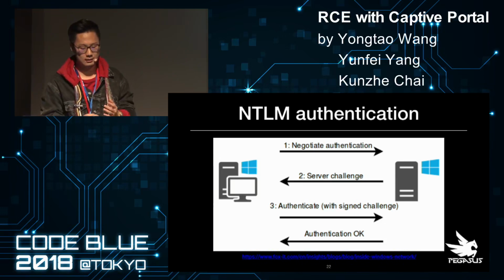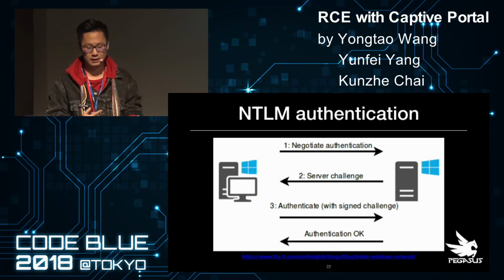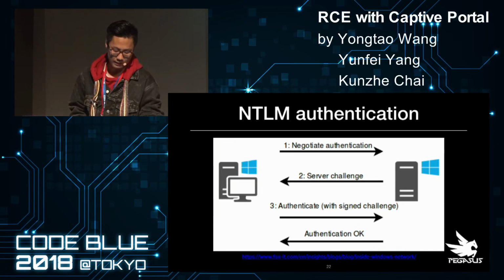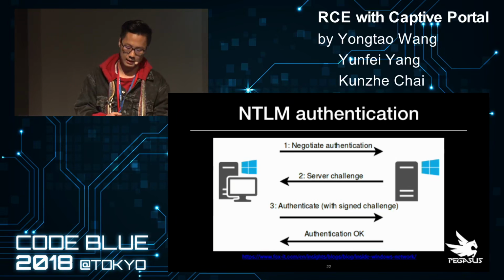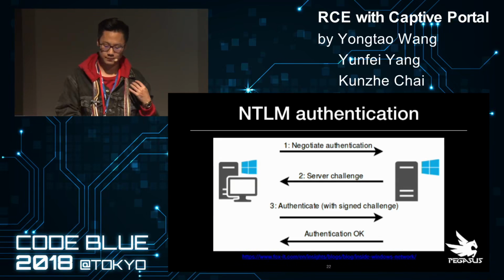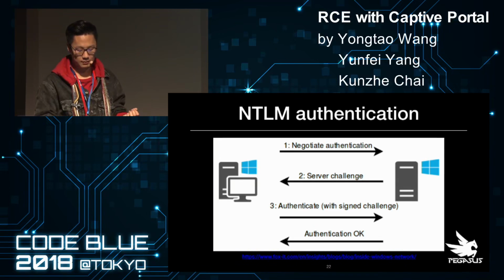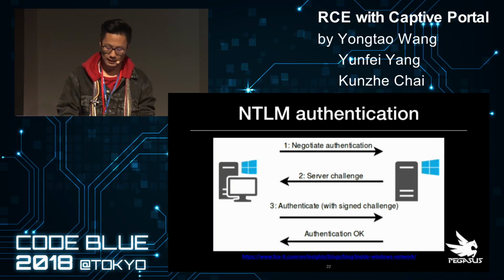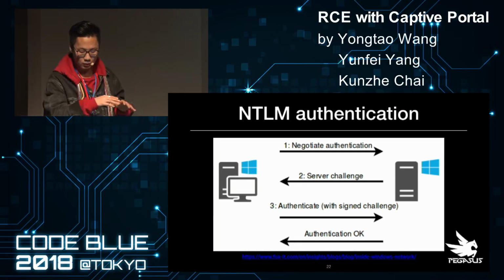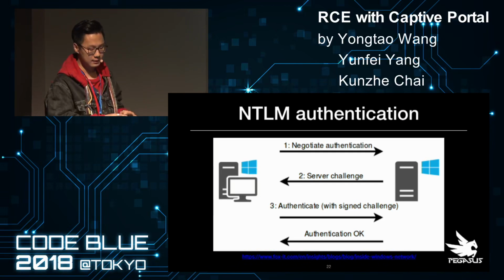The client sends back the response based on the challenge and includes the username and domain to which the password belongs. After three messages are exchanged, the server replies with a message indicating that the authentication was successful or that the authentication failed.